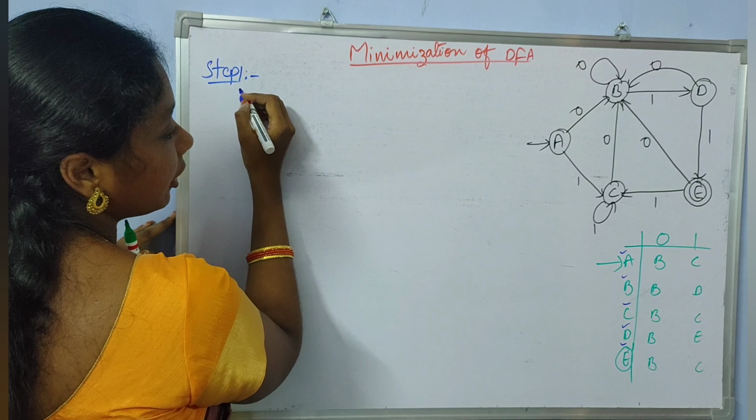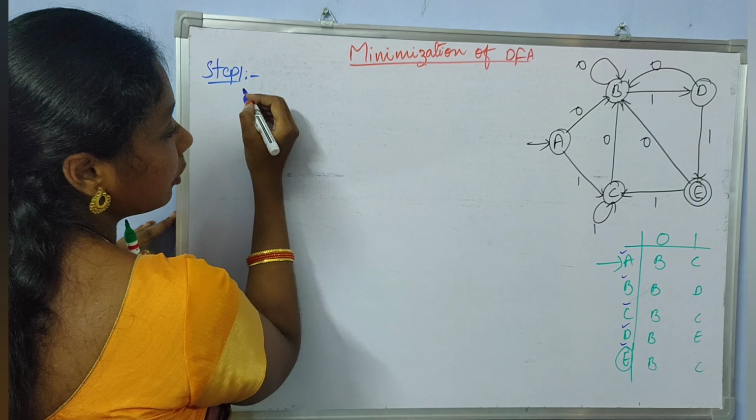A is not a final state, B is also a non-final state, C is also a non-final state, and D is also a non-final state. So I'm dividing these as group 1, and I'm dividing E separately and treating it as group 2. All these states are non-final states and come under group 1, and this comes under group 2.